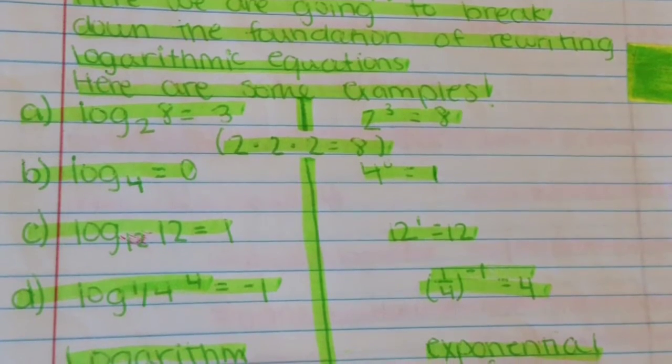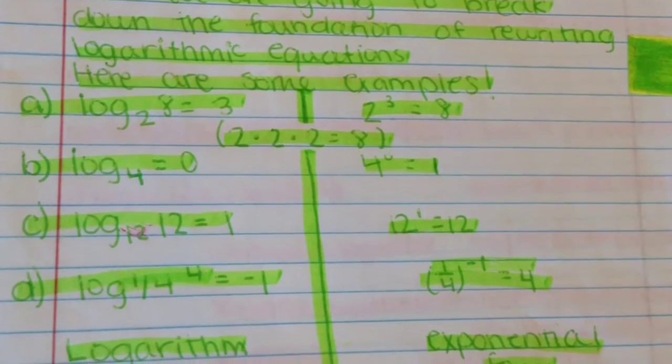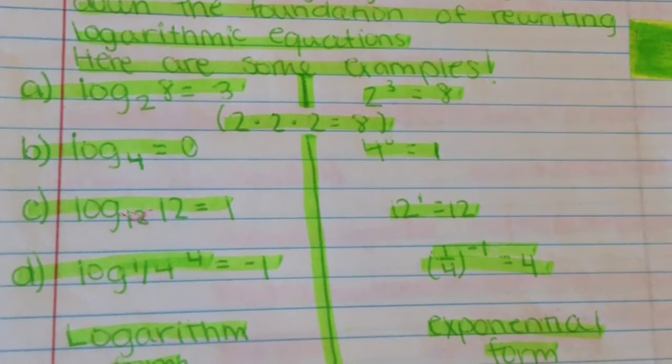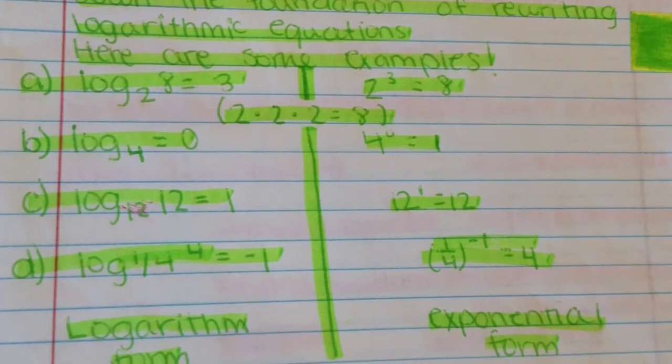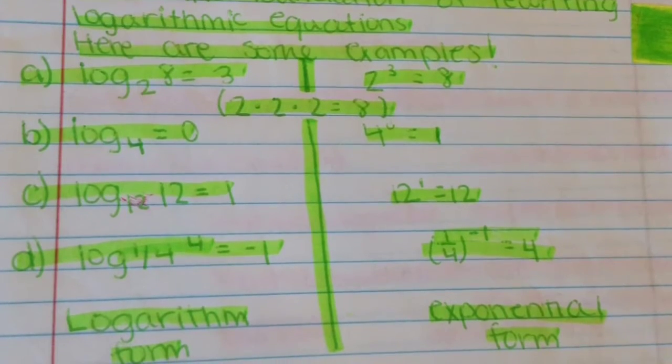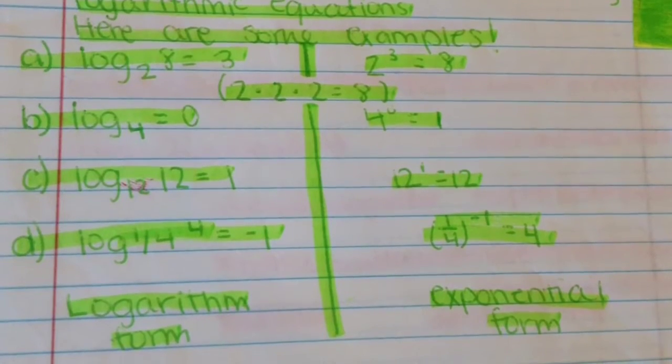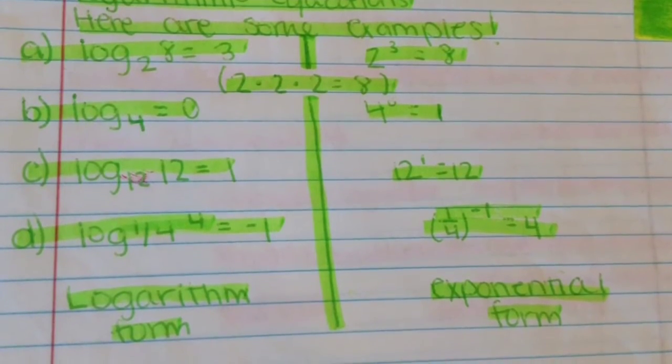For C, log with a base of 12 of 12 equals 1, which relates to 12 to the exponent of 1 equals 12. And then for D, log base 1/4 of 4 equals negative 1, because 1/4 to the negative 1 power equals 4.